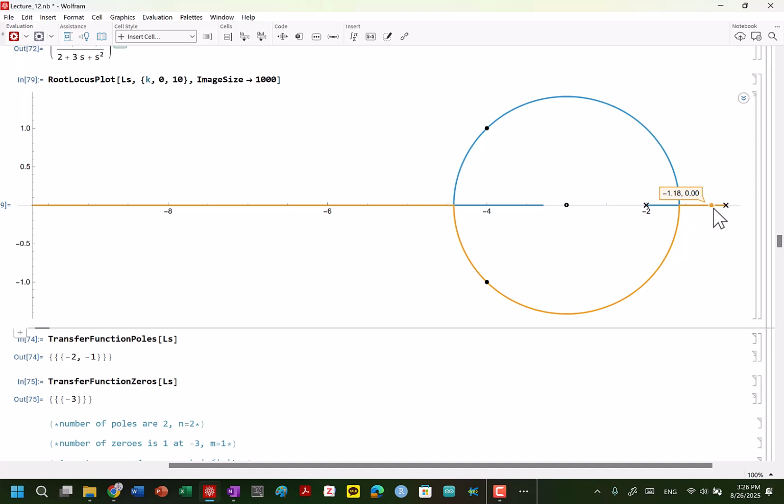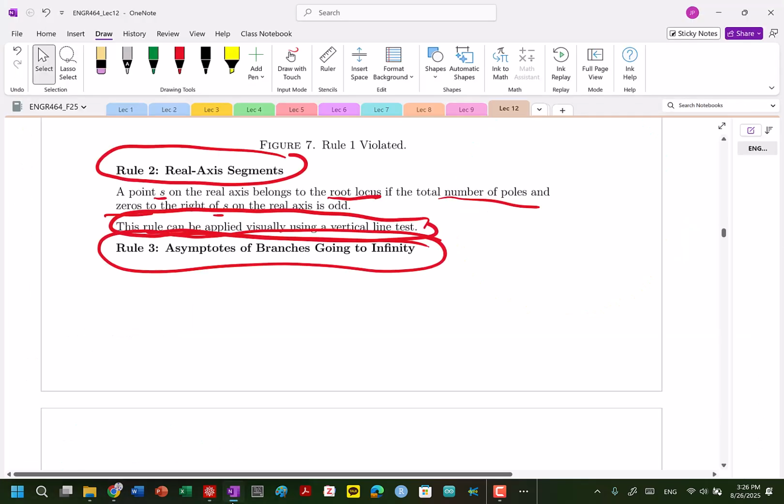Once I cross here, if I draw the vertical line, I only have 1 pole to the right, so everything on this axis is valid until I hit here, because now I have 2 poles to the right, so nothing here. But once I cross here, the number of poles and zeros to the right is 3, so everything from here to the left must lie on it, and that is indeed true. So we're good on rule 2.